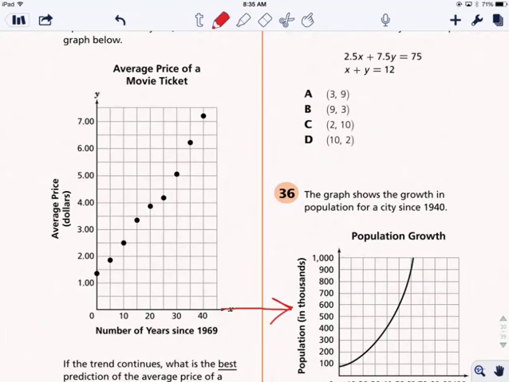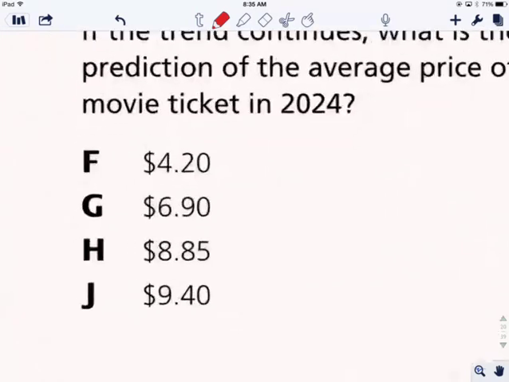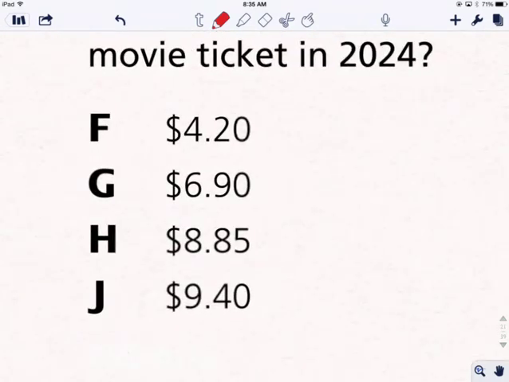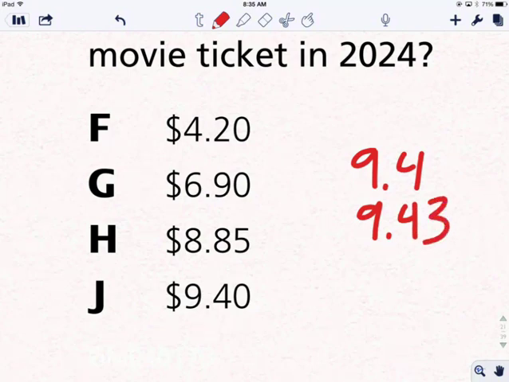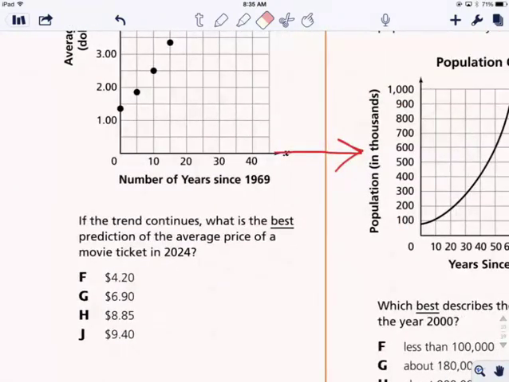Well, let's try to figure out a way to do this a little bit more exactly. One nice thing is that the possible answer choices are kind of spread out, right? It's not like we have to choose between 9.4 and 9.43. That would be ridiculous. But how are we going to do this?